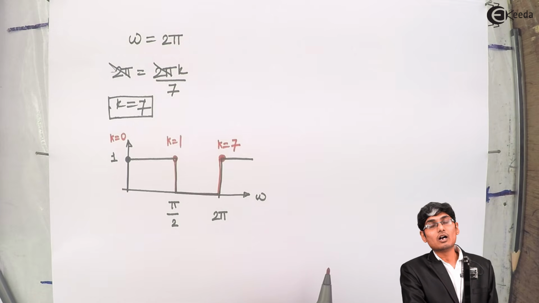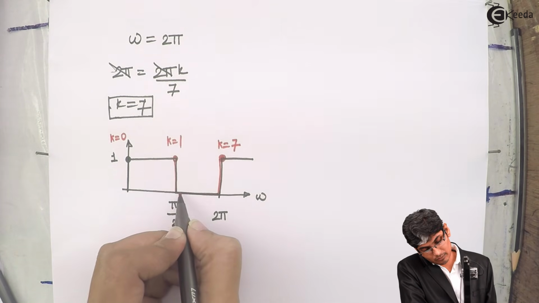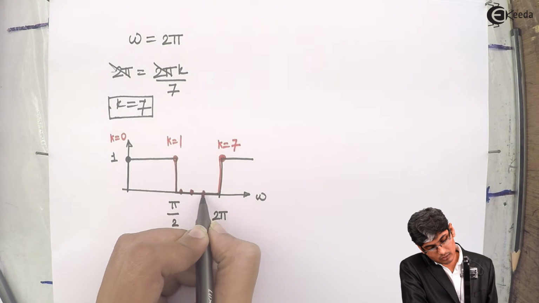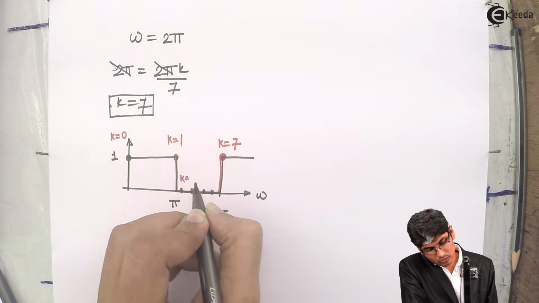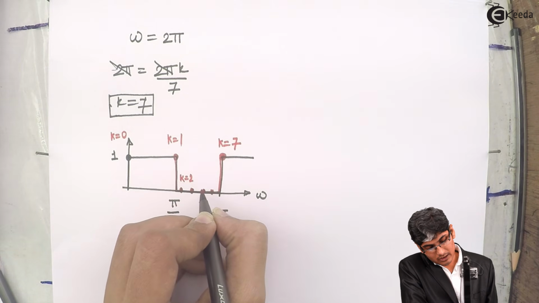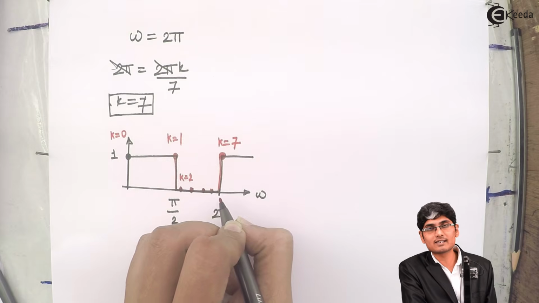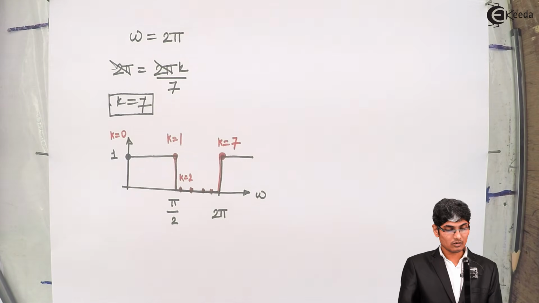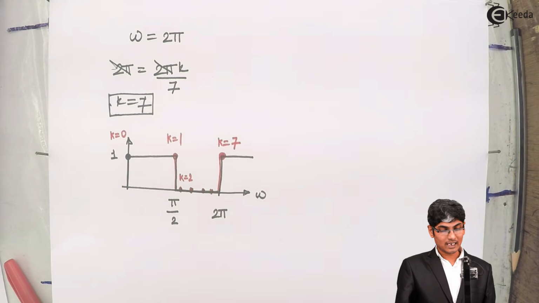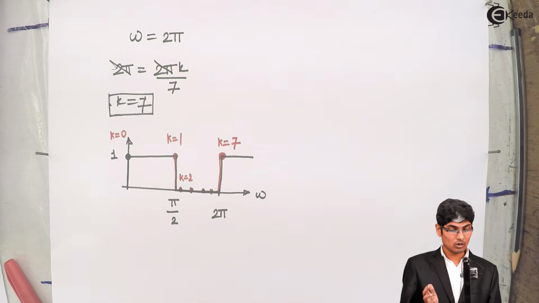That means k equal to 2, 3, 4, 5 and 6 should be between these values only, right? So this will be k equal to 2, then 3, then 4, then 5 and 6 will be in this stop band region, right? So now I will have k ranging from 0 to 7.